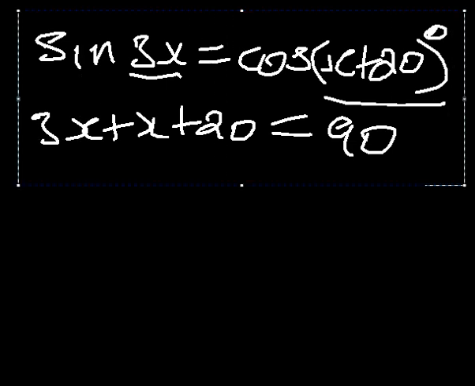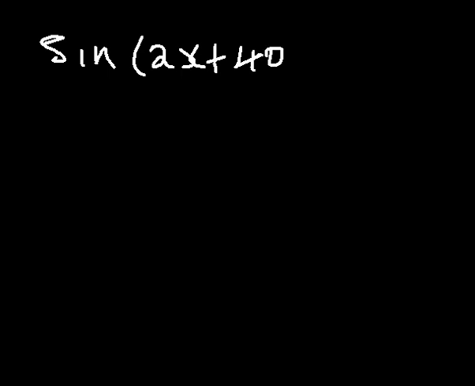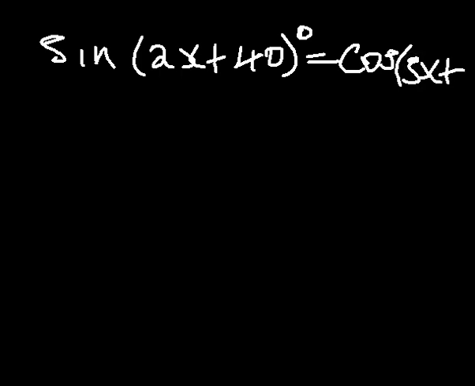And also think about this one. Let's say we have sin of angle 2x plus 40 degrees, which is equal to cos of 3x plus 20.